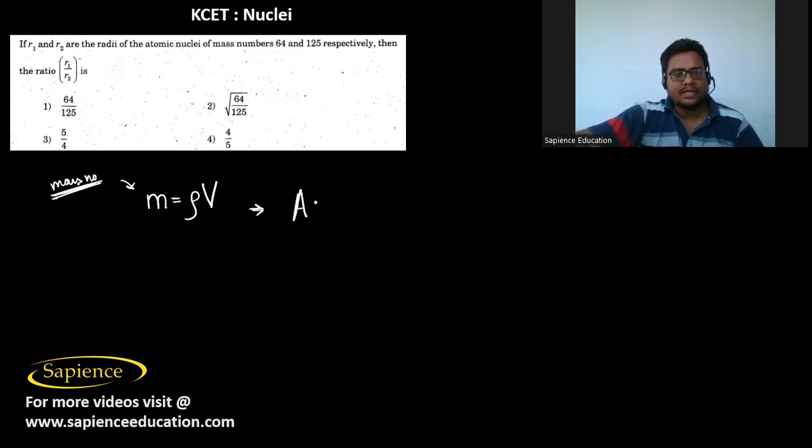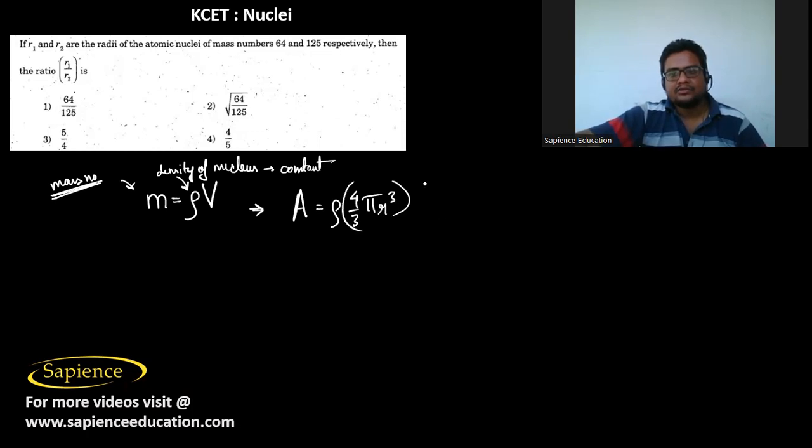So we can say A is equal to rho times the volume, and the assumption is that rho, the density of the nucleus, is constant. So then A will be equal to rho times 4 by 3 pi r cube, if we assume the nucleus to be a sphere.